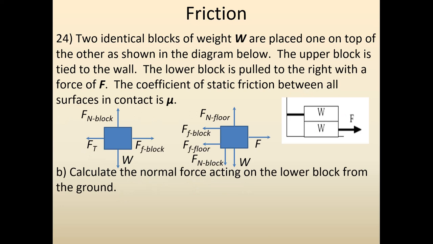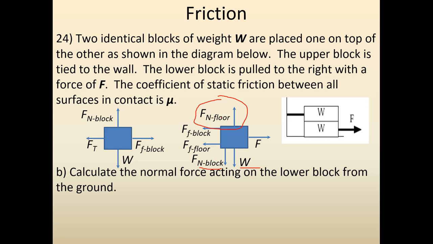Part B wants to know what is the normal force acting on the lower block from the ground. So we're looking for this Fn from the floor. If I look at my FBD, because the block isn't moving or accelerating vertically, I know that the normal force from the top has to be equal to these two forces, the normal force from the block plus the weight.